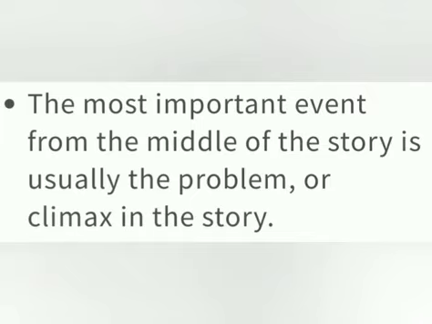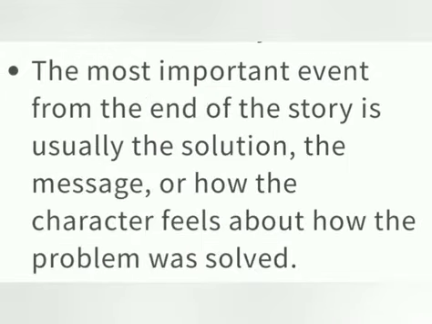The most important event from the middle of the story is usually the problem or climax in the story. The most important event from the end of the story is usually the solution, the message, or how the character feels about how the problem was solved. Problem solving is the important content.